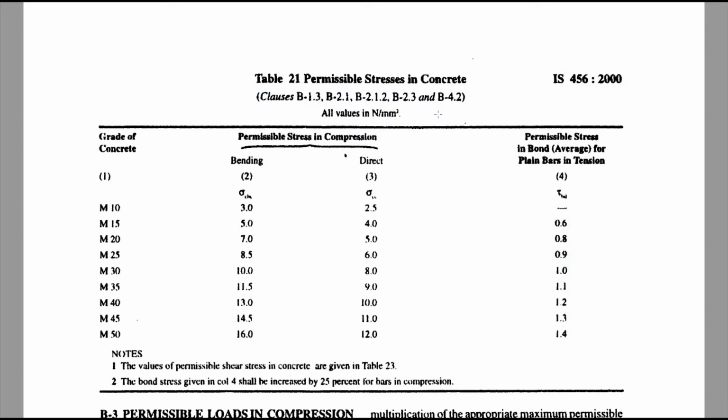Here is IS 456:2000, table number 21, permissible stresses in concrete. We have grade of concrete M30, so the permissible stress in concrete, sigma cbc, is 10. So from this we can find sigma cbc.